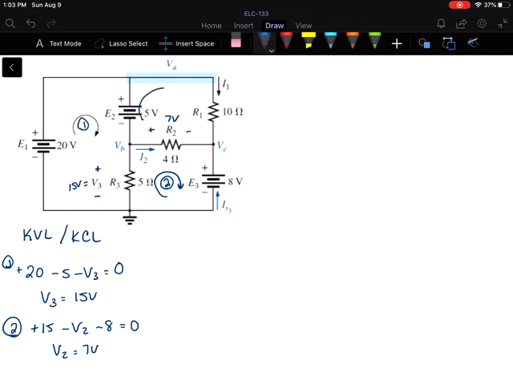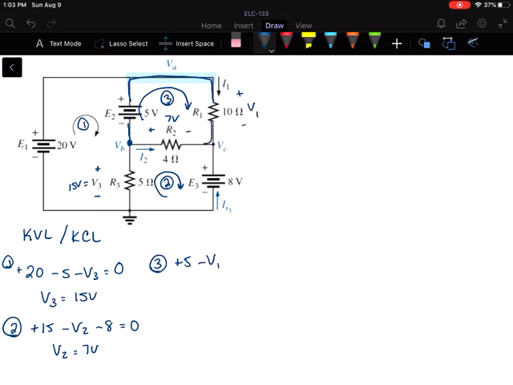And then I can do a third KVL equation right here. Again, I'm going to start here and travel around clockwise. So plus 5. I don't know the direction here, so I'm just going to guess, make it a minus.